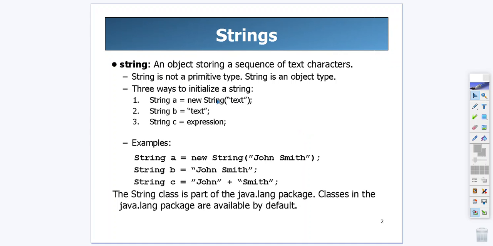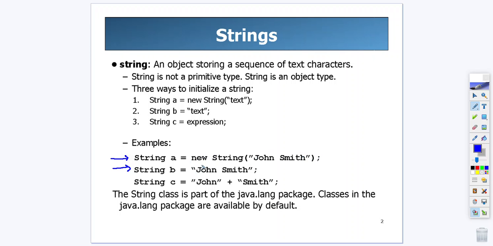So up to this point, we have created strings using a format similar to how we create primitive variables, except we assign it quotations. But just like we've noticed with constructors in our classes in this unit, the string class does have a version of a constructor that allows you to assign it by using the word new.